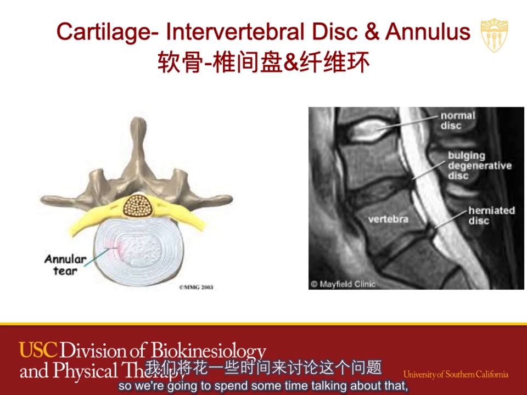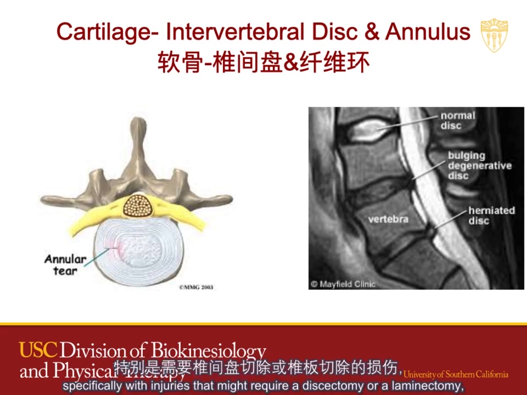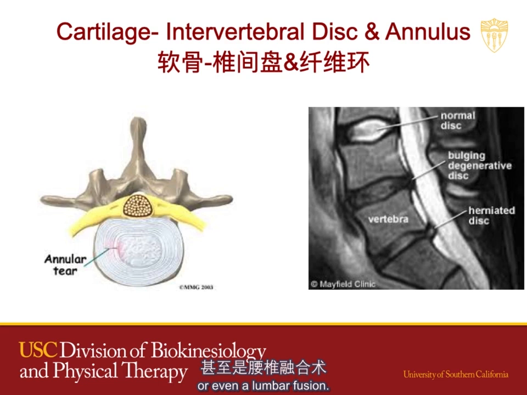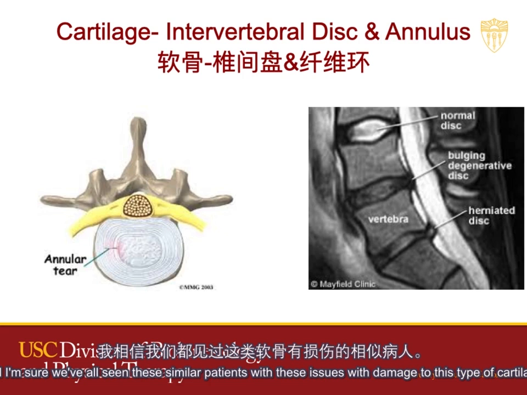So we're going to spend some time talking about that, specifically with injuries that might require a discectomy, or a laminectomy, or even a lumbar fusion. And these can happen in the cervical spine as well. And so again, this is a type of cartilage that can be damaged. And I'm sure we've all seen patients with these issues with damage to this type of cartilage.